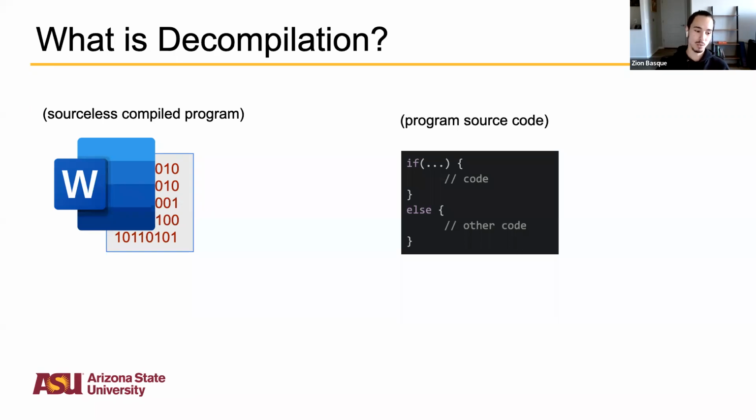Ideally, you would not want to be looking at 1s and 0s unless you're a robot. You would want to be looking at source code or something that looks like source code. So we have this nice big arrow here, which encapsulates a lot of things, but it converts this binary into things that look like source. It may not be the original source code, but it looks like it. It gets you something approximated.